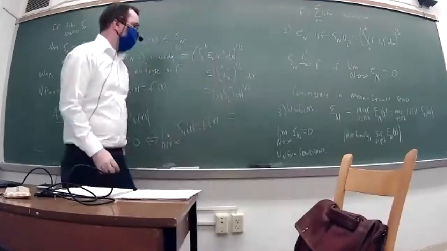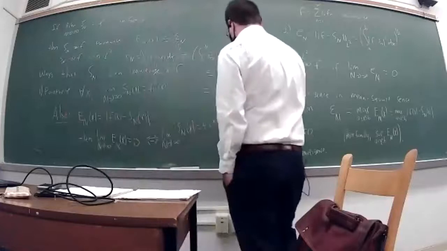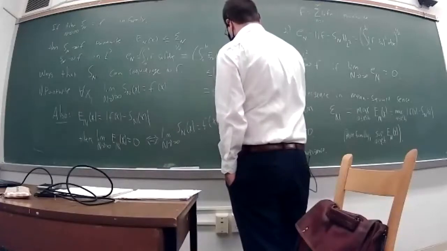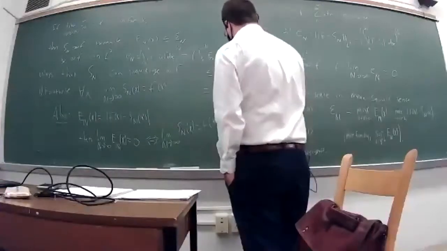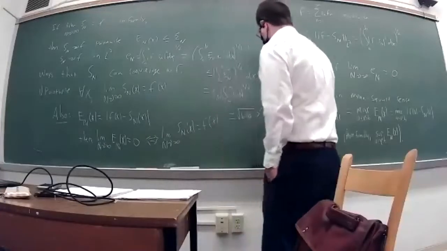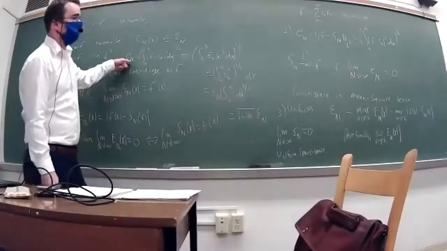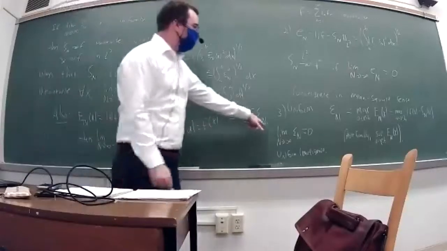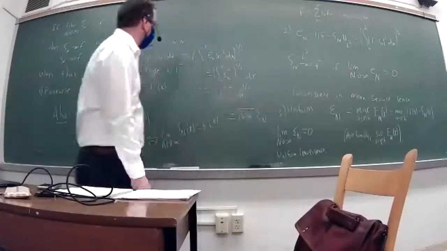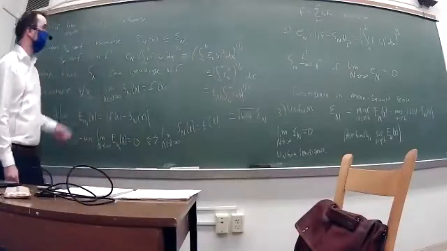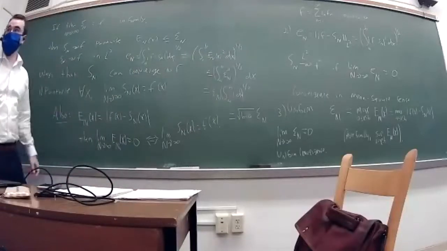And the integral from a to b is like b minus a. So you get something like the square root of b minus a times this other error is bigger than or equal to the mean square error. And so if this is going to 0, if you're converging uniformly, then automatically you're converging in the L2 sense, or the mean square sense.